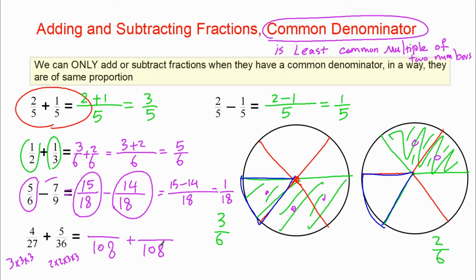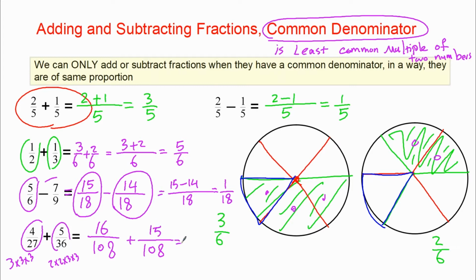Now that we have found the least common multiple, which is a common denominator, we need to make this work. So we need to write the equal fraction of 4 over 27. 27 times 4 gives 108. So we need to do 4 times 4 to give us 16. 36 times 3 becomes 108, so we need to put the equal of 5 over 36, that would be 15.